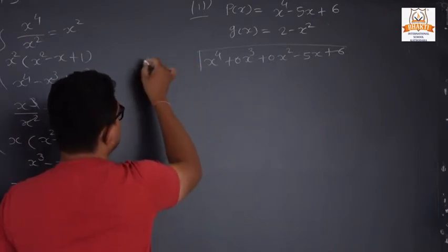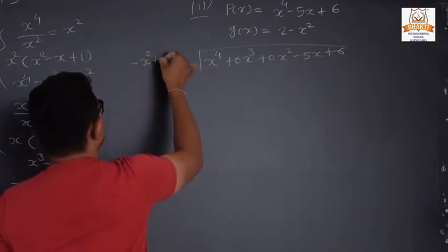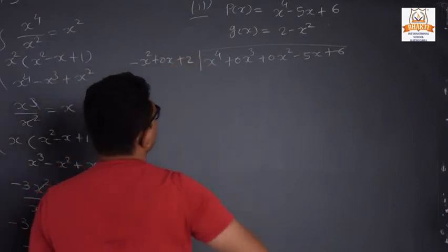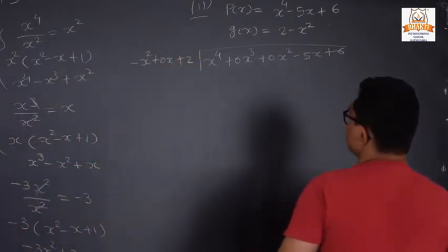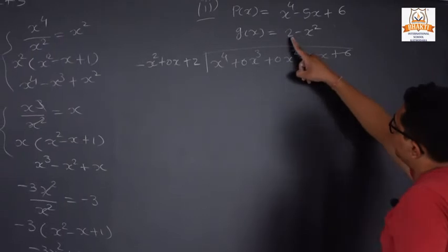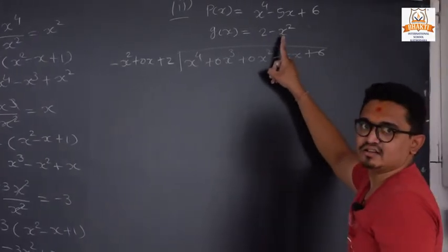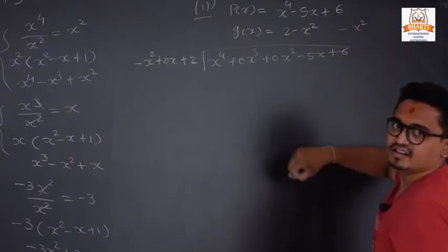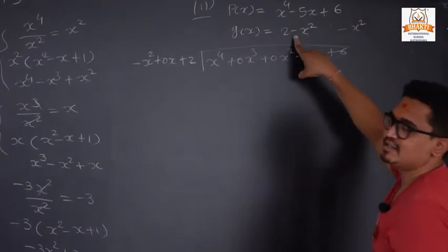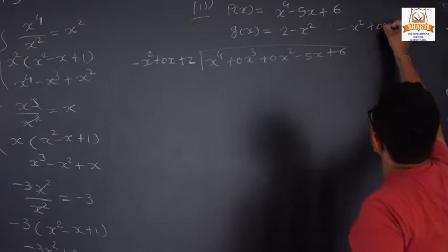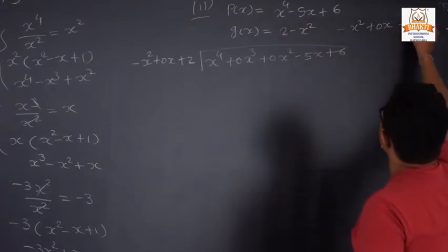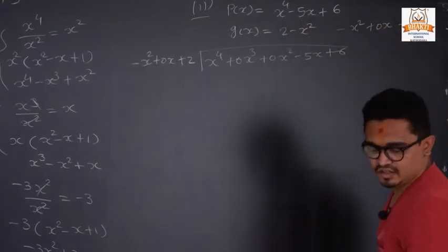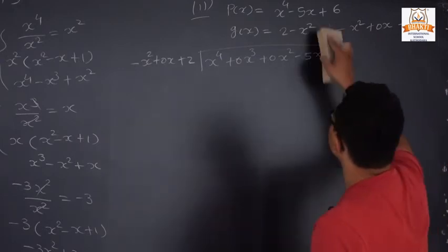So we can also write like that, minus x square plus 0x plus 2. So in this, see that here they are not giving an our sequence. So first of all we can write the power of 2, so it is minus x square. Then the power of one term is missing, so we can also write it like 0x and it is plus 2.